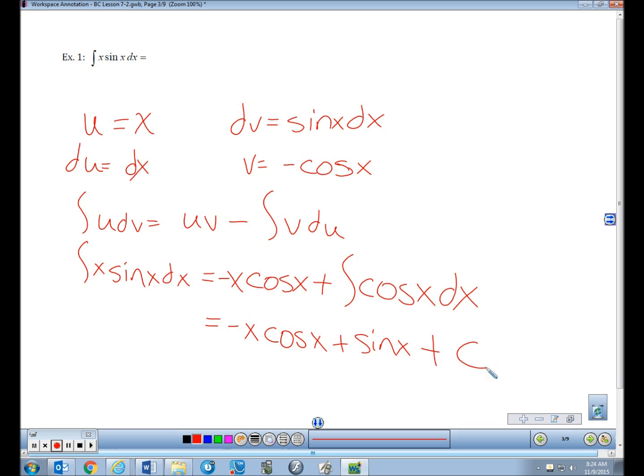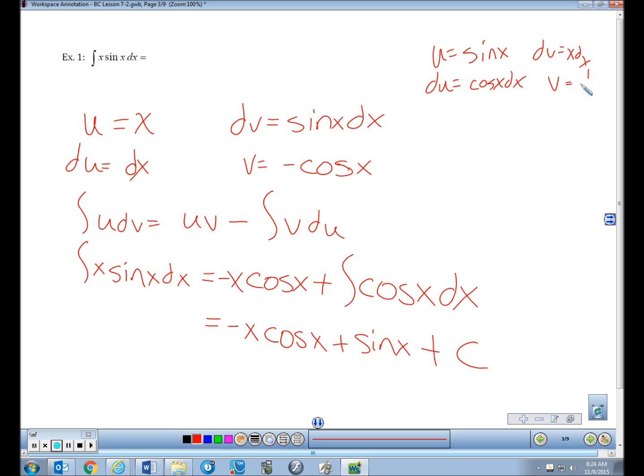Now, had we chosen u to be sine x and dv to be x, we run into a slight issue. When we do du, that's easy, it's just cosine x dx.